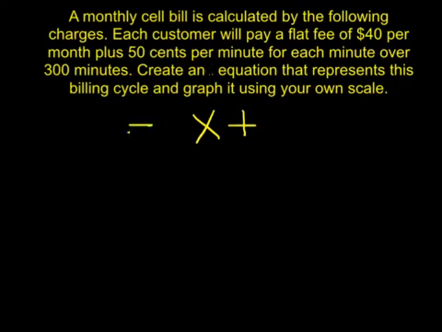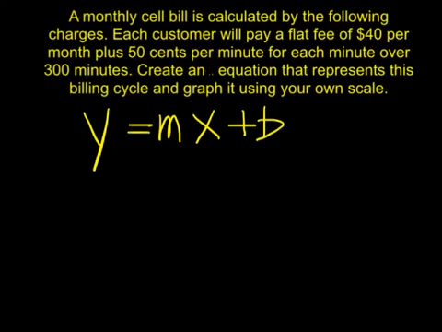The equals would be right about there. What's the rest of it? Slope-intercept form. y equals mx plus b. Yes. That's the form we're going to need it in so we can graph it. y equals mx plus b.